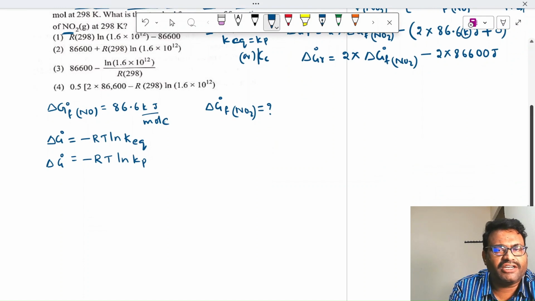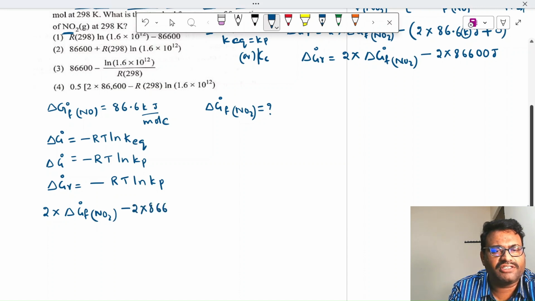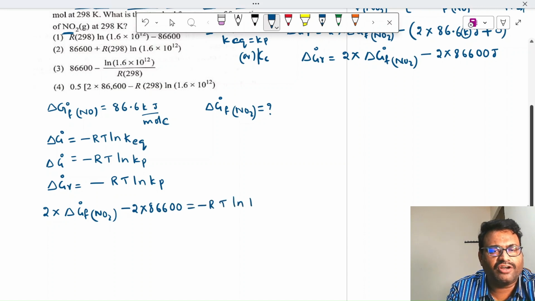So here let us take from that equation, delta G naught of the reaction is equal to minus RT natural log Kp. So what did we get there? 2 into delta G naught of formation of NO2 minus 2 into 86,600 joules is equal to minus RT natural log Kp.